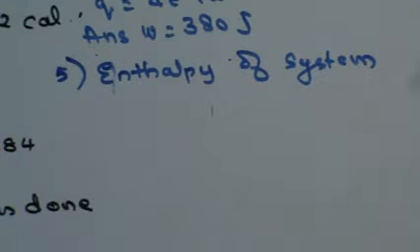Enthalpy is a state function. It is not a path function, but it is a state function. Fine, do we get this clear? State function, where its value depends only on the initial and the final values. It does not depend upon the path taken to change from initial value to final value. Right?